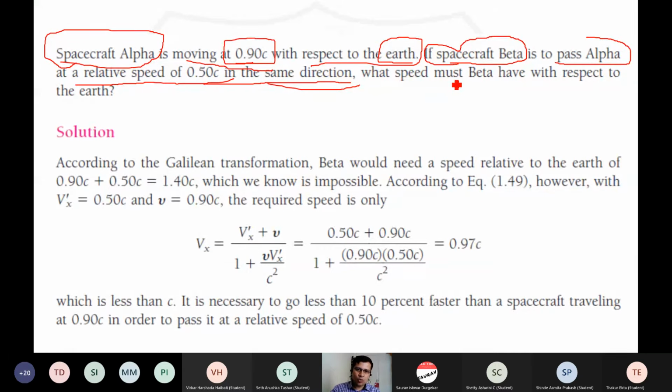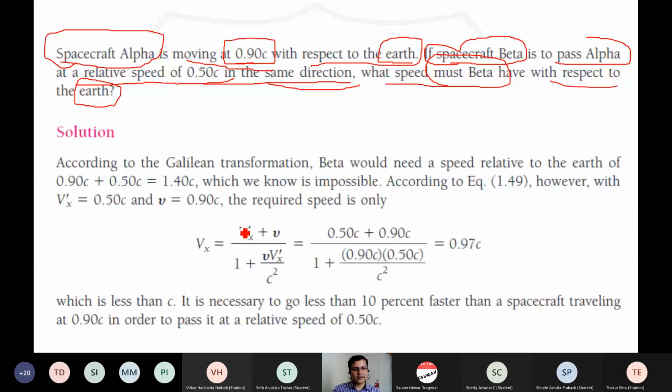So what is the speed of the Beta spacecraft with respect to the stationary Earth? I mean, when the observer is on the surface of the Earth, what is the corresponding Beta speed?